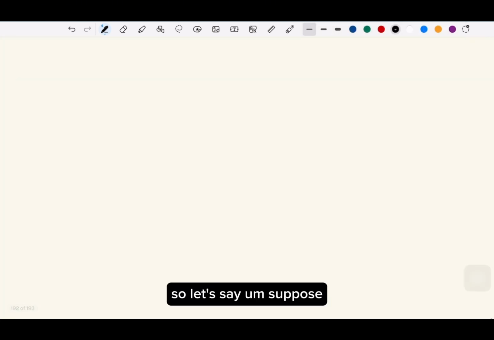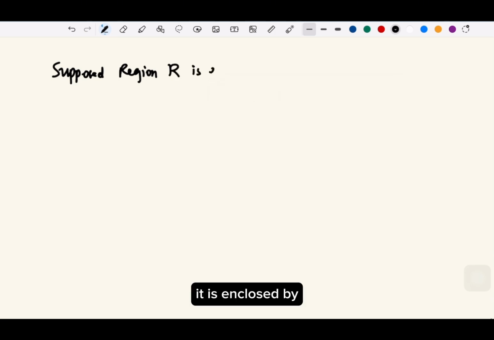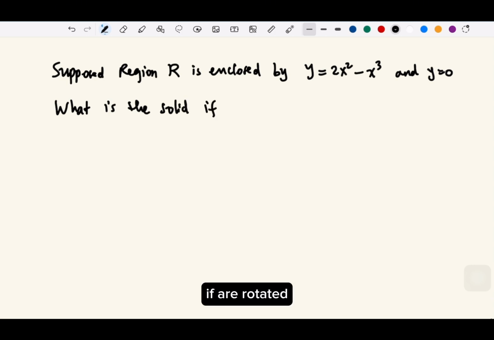So let's say, suppose region R is enclosed by, what is the solid if R is rotated about the x-axis?